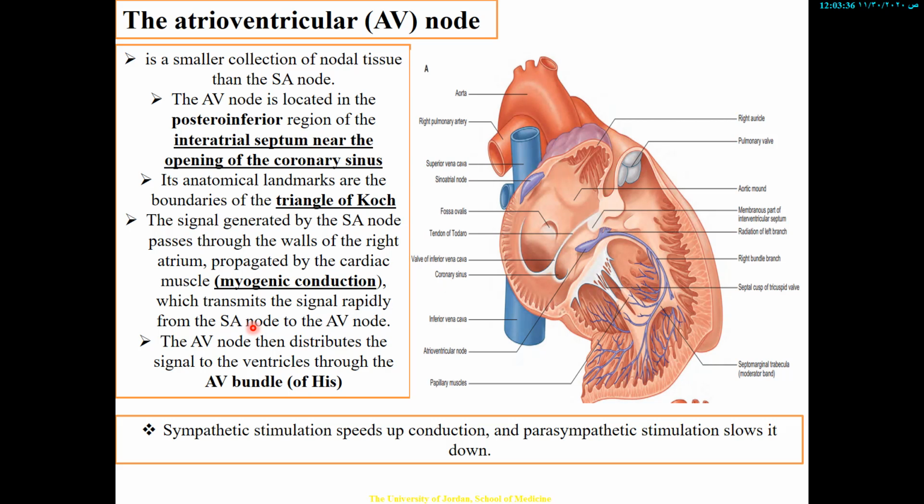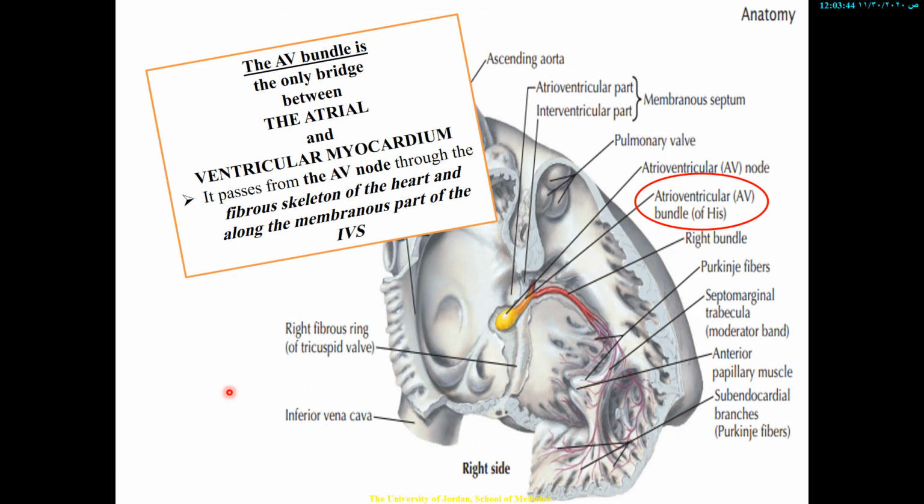The AV node then distributes the signal to the ventricles through the AV bundle of Hess. The atrioventricular bundle is very important as it is the only bridge between the atria and the ventricles, and it lies within the fibrous skeleton of the heart along the membranous part. So I need you to focus on the pathway of the bundle of Hess.